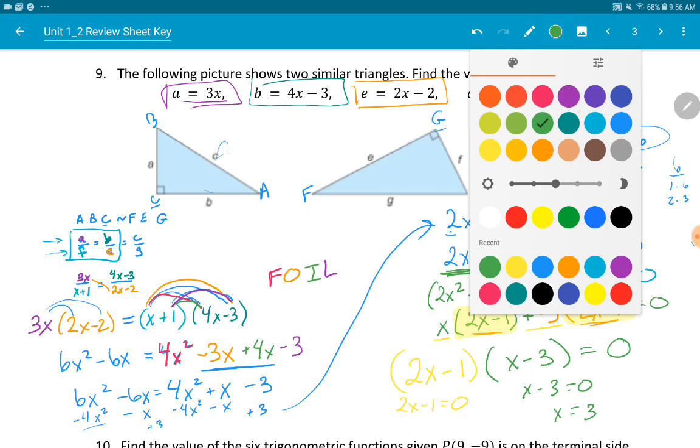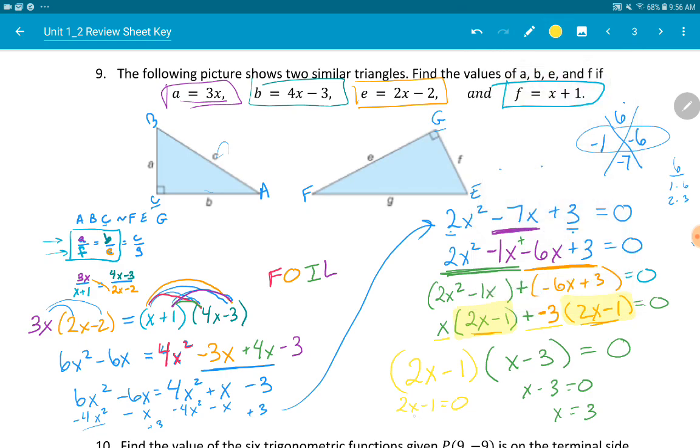In the yellow one, I add 1 to both sides and then divide by 2, and I get x equals 1/2. Okay, those are my possible solutions for x. Our goal here is to find a, b, e, and f, so I have to take those back up here and see which one works.